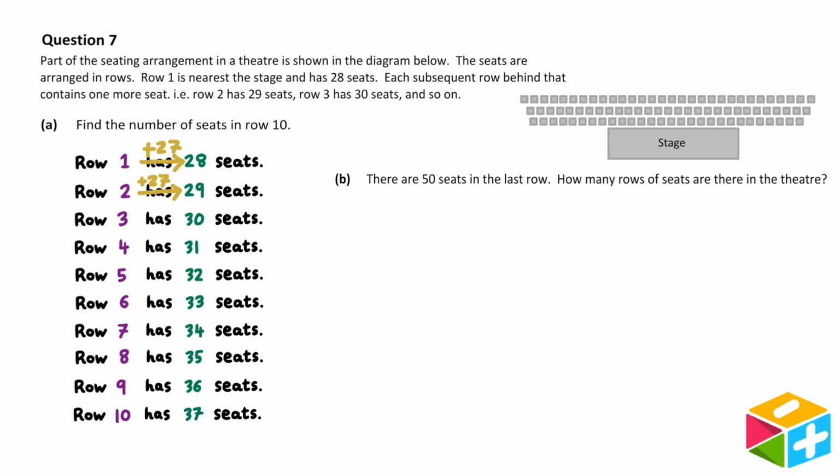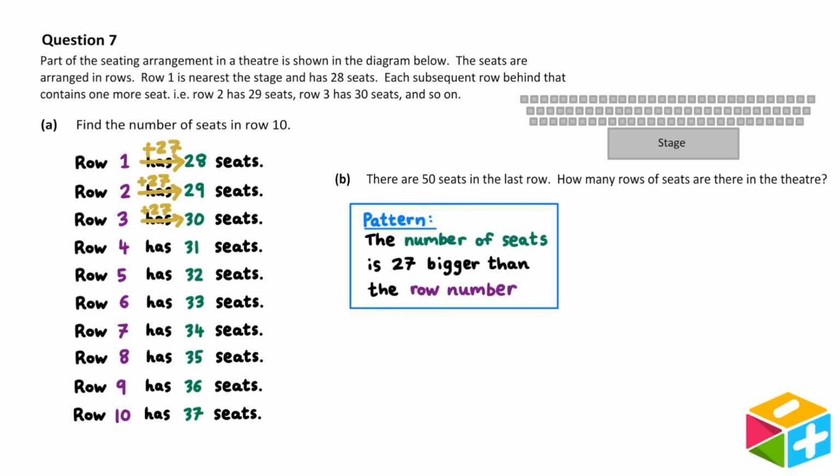The same thing happens for row 3. 3 plus 27 gives us 30, and the same pattern will follow for all the other rows, because each time we increase the row number by 1, we're also increasing the number of seats by 1. So the pattern is that the number of seats is 27 bigger than the row number. We can write this in an equation by saying that seats is equal to row number plus 27.